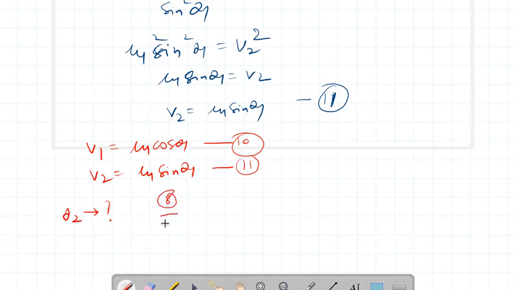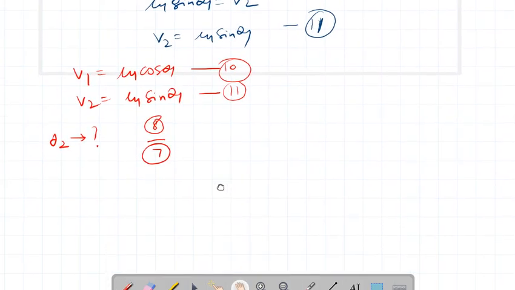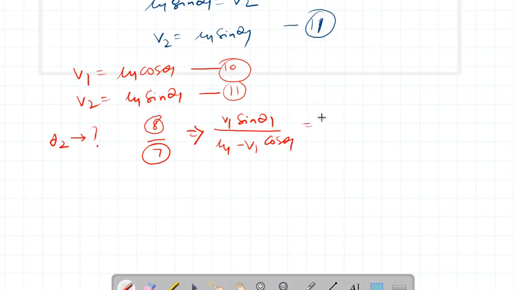Right, so if I do this operation 8 upon 7, then this leads to V1 sin of theta 1 upon U1 minus V1 cos of theta 1 is equal to V2 sin theta 2 over V2 cos of theta 2. This will cancel out, so it is tangent theta 2.